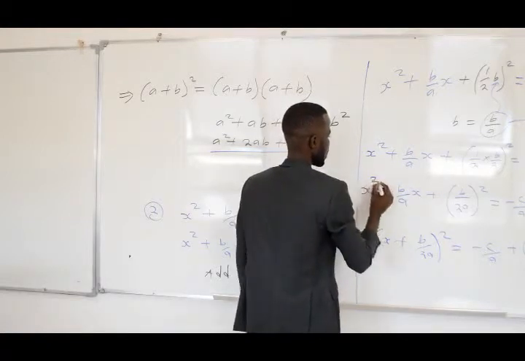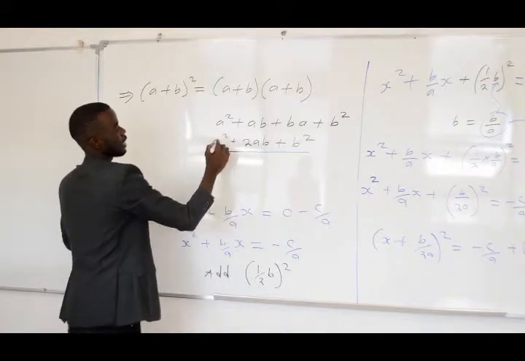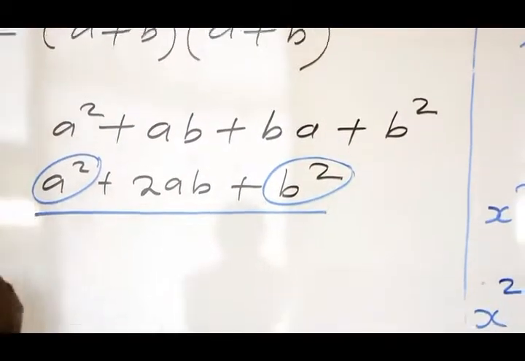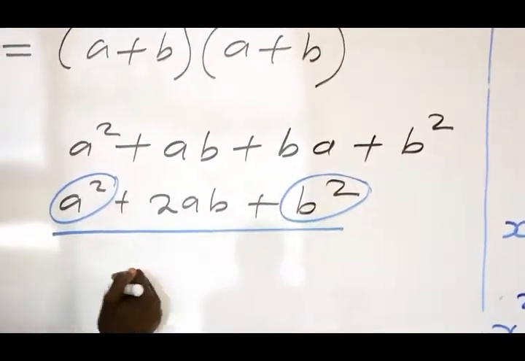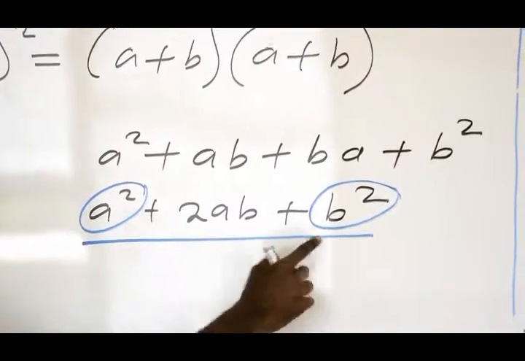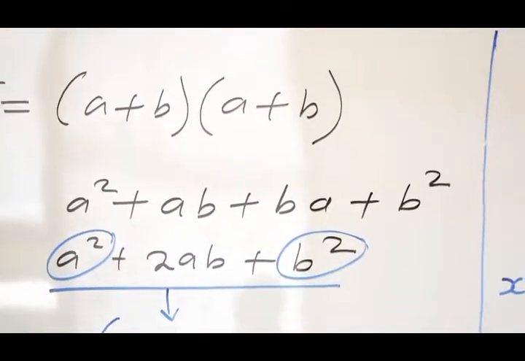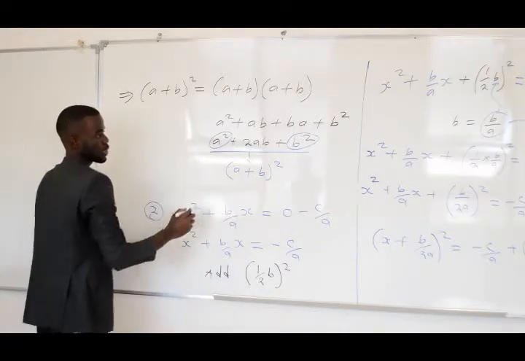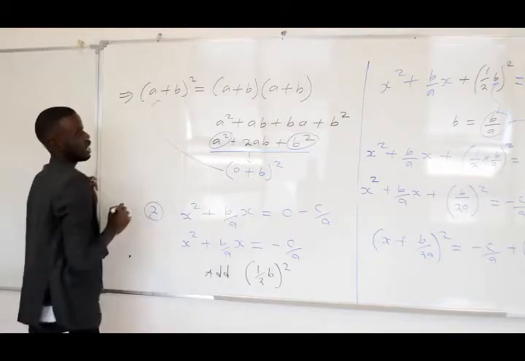It means that you have a squared, then you have b squared. So you have two points where you have a squared and b squared. So when changing this format, you can write it like you just pick a, plus the other one b, and you say (a + b) squared. This will have the same meaning as this one.